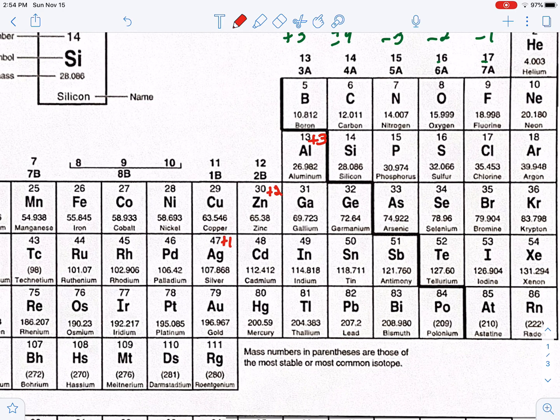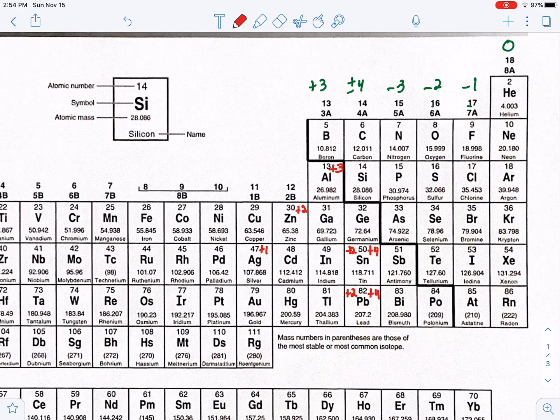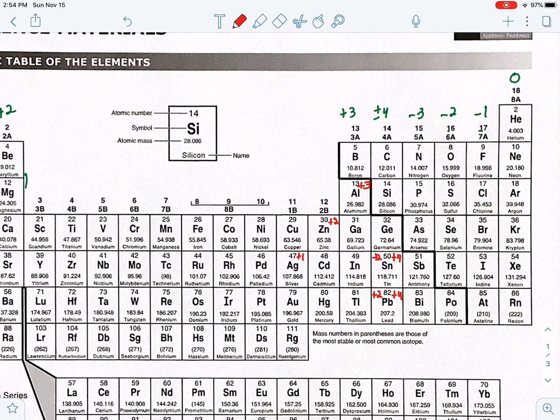We also have a couple others: tin and Pb, which is lead. They're either going to be +2 or +4. We still need Roman numerals for them, but those are the only 2 options. These other ones can be anything.